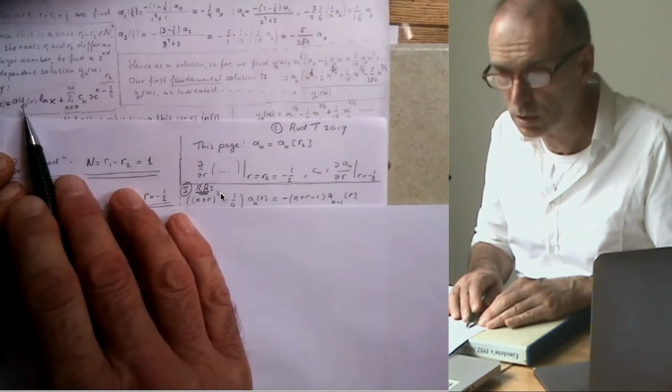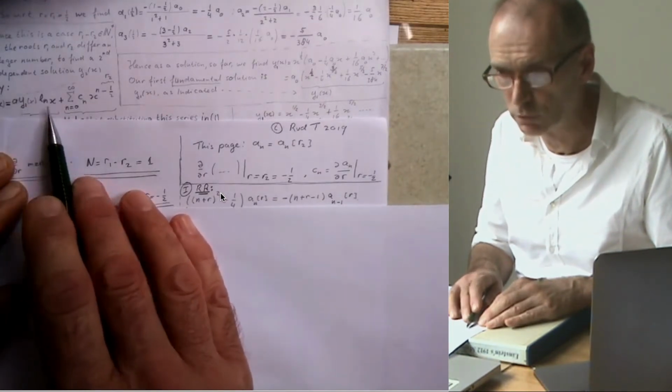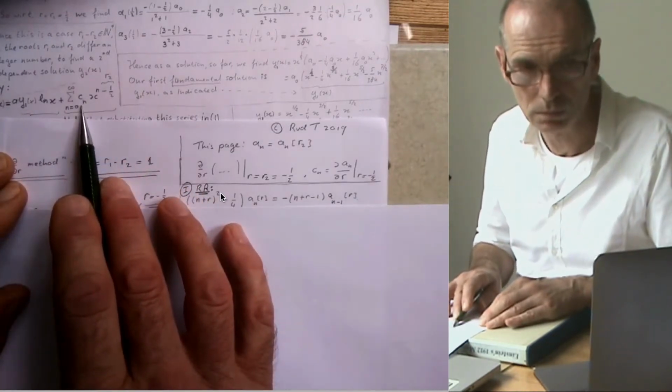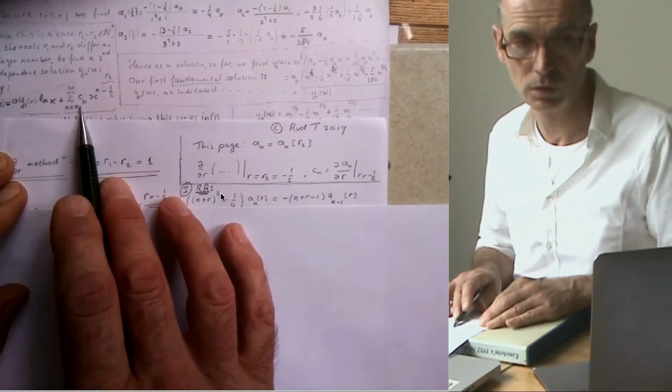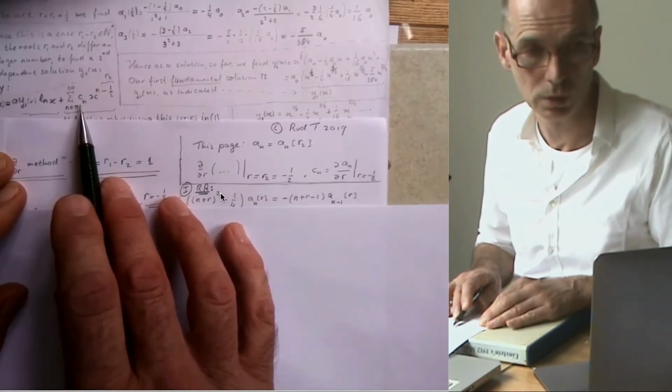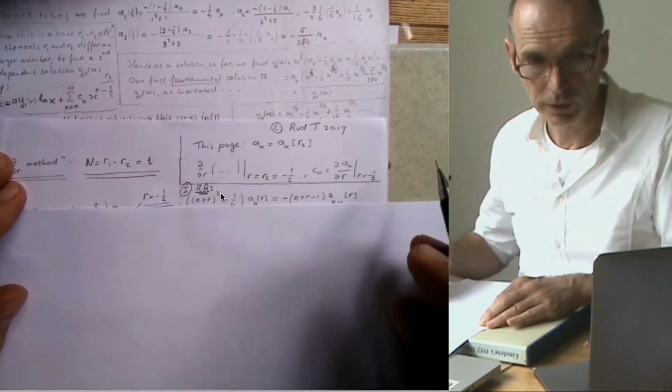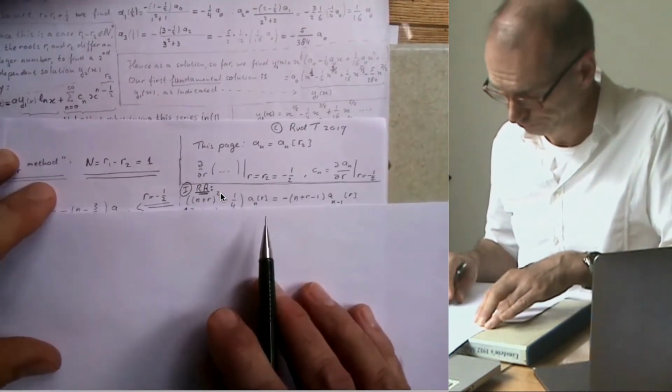That was a times the logarithm of x times the first solution, and then this correction series which has the c's. And the task before us is to calculate the c's.